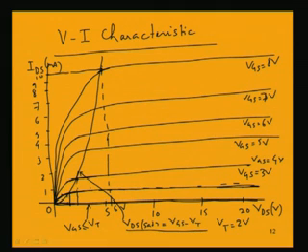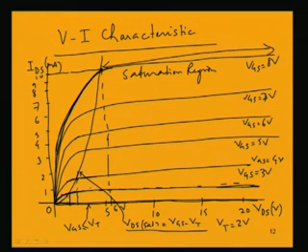Saturation voltage means up to this voltage the current will rise, but after that voltage is reached the current will be saturated. So, this is actually the saturation region for this MOSFET, and this is cut off, because below this value of VGS equal to V threshold, the device is in cut off.